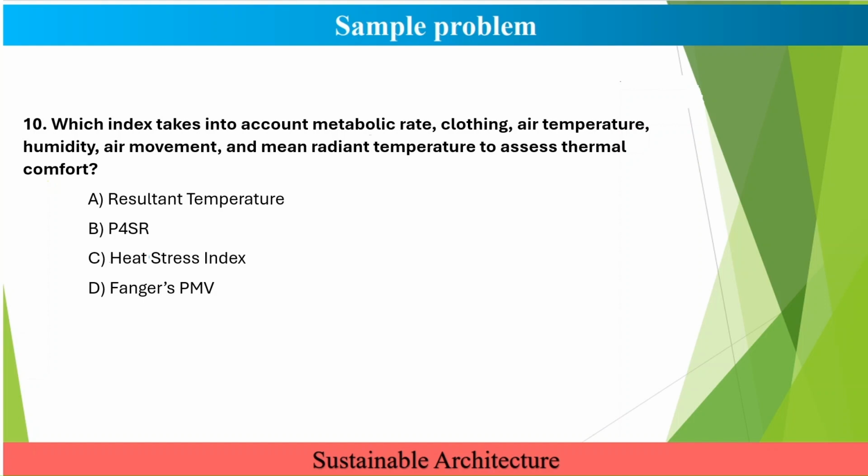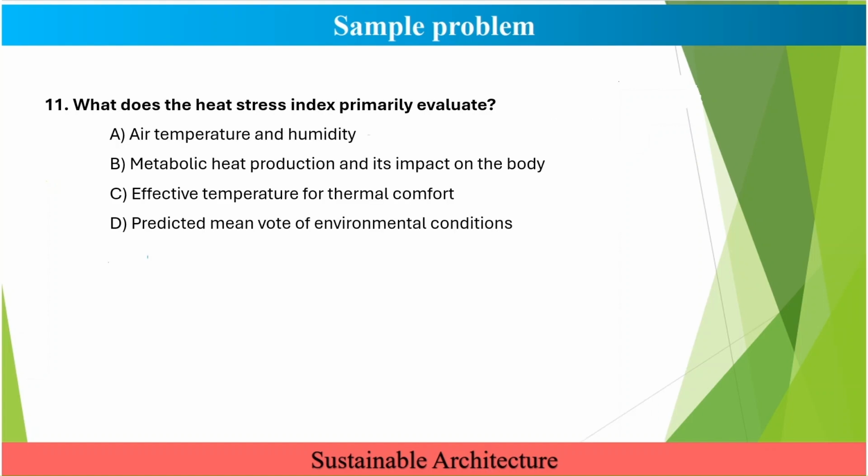Yes, sir. Okay. Then try to give answer to question number 11. What does the heat stress index primarily evaluate? Metabolic heat production and its impact on the body. Option B. Okay.